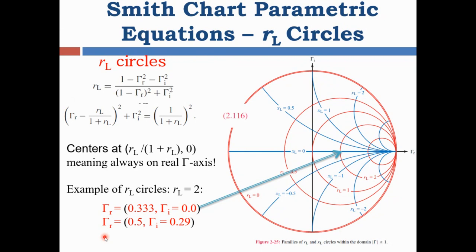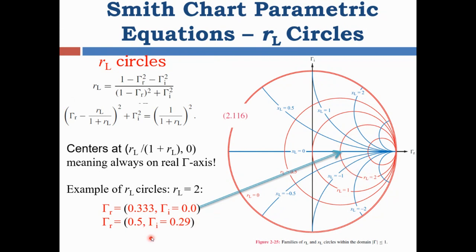If I take 0.6659 and divide by the denominator, which is 0.3341, I'm going to get 1.99 as the real part. So therefore, this point also corresponds to the gamma, the real circle that is equal to 2.